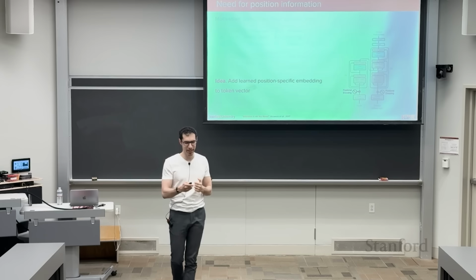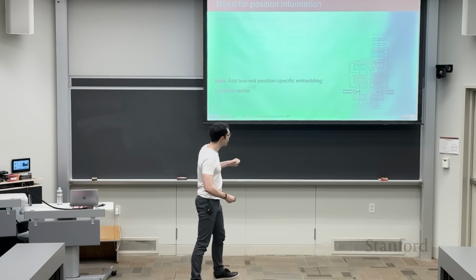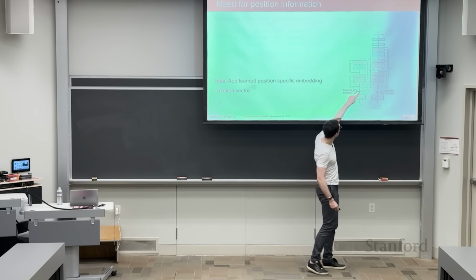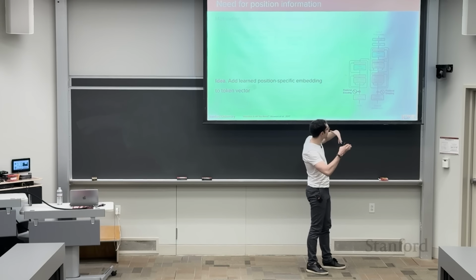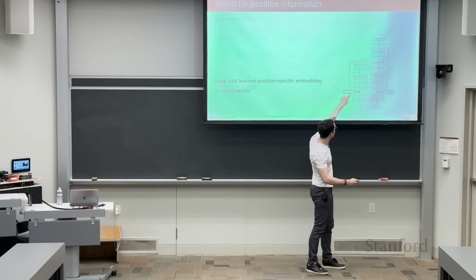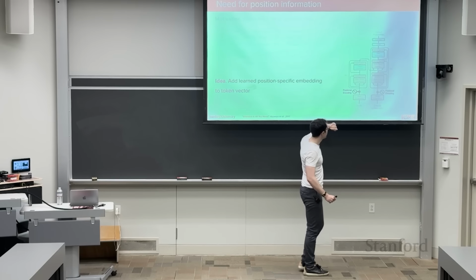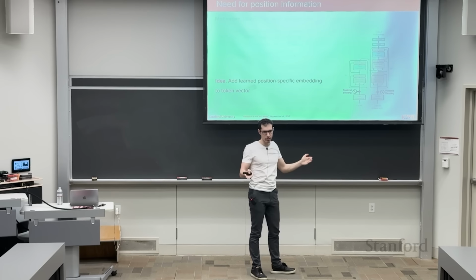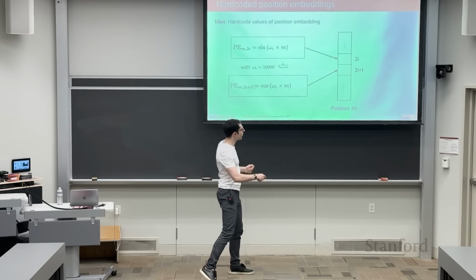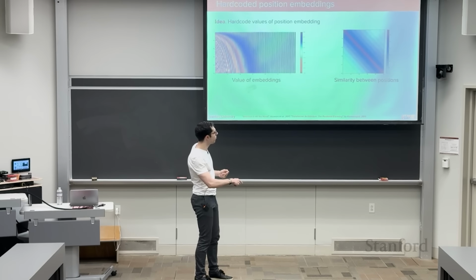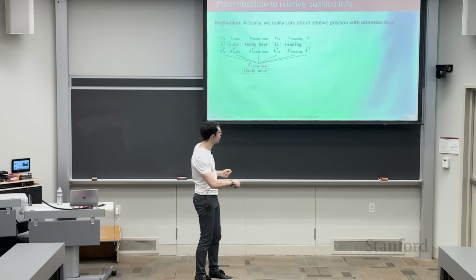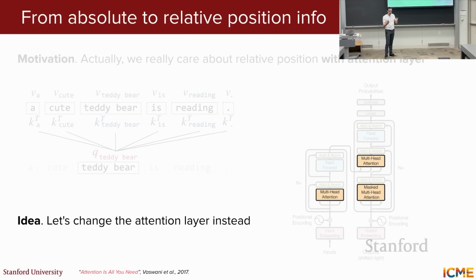Yes, just add. But the problem is we mostly want this intuition to hold true in the multi-head attention layer. This is one of the reasons why people have tried different variations, and in particular, have these position embeddings intervene directly in the attention layer as opposed to the input.